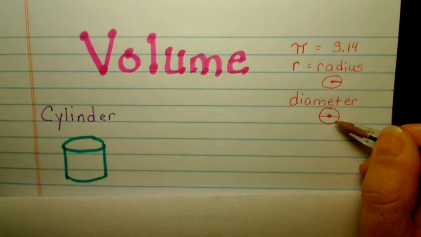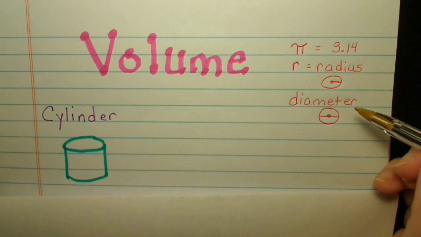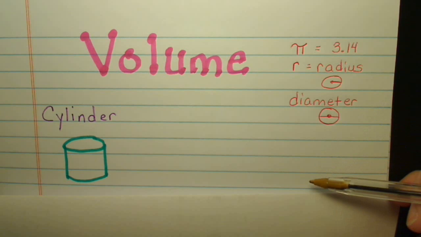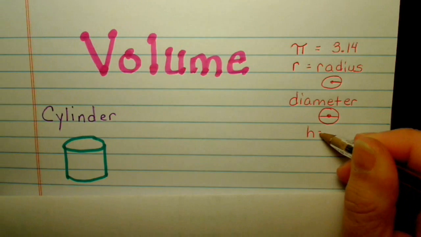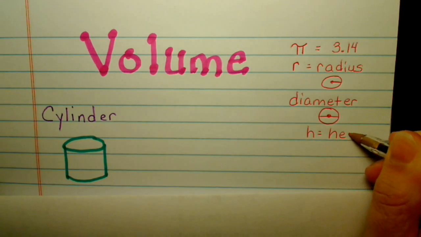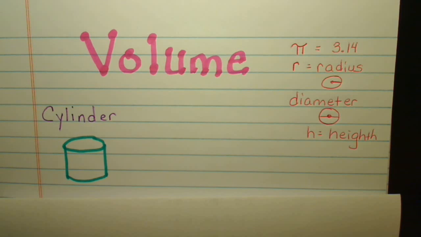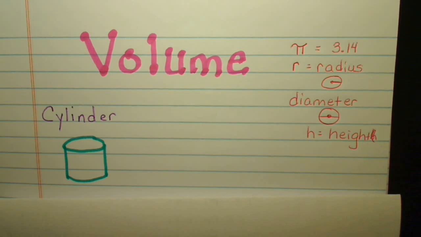Well, of course, you would need to half that in order to get your R, or the radius. So half of this diameter would be equal to the radius. And in these problems, you're going to have to know that H stands for the height.